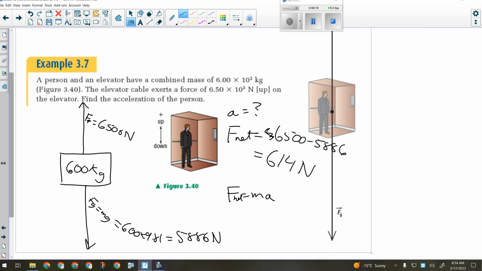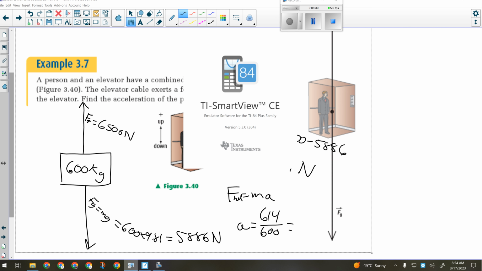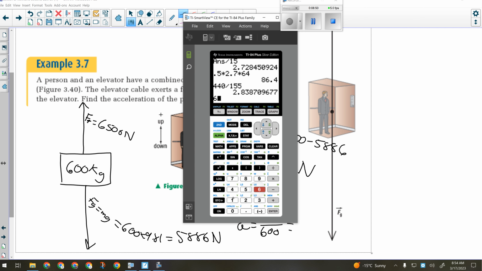So now I can calculate the acceleration. 614 divided by 600 is going to be 1.0 something. 1.02, I think.